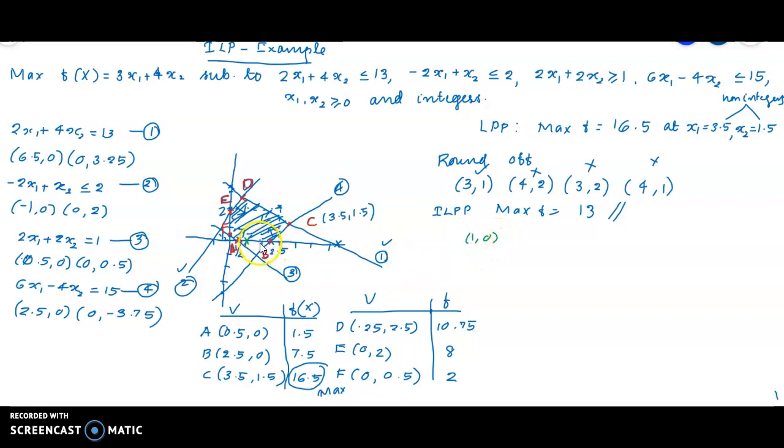Then we have another point, (2, 0), within the feasible region. Then this point is 2.5. Now the integral values of x1 on this line. If we take x2 equal to 1, x1 0, x2 1, that is (0, 1), an integral coordinate within the feasible region.